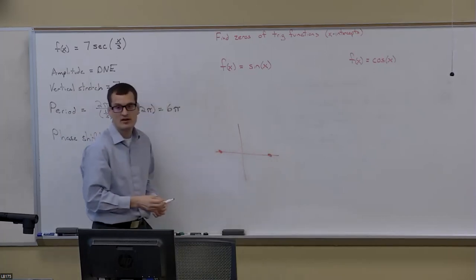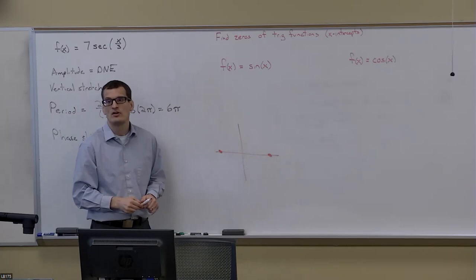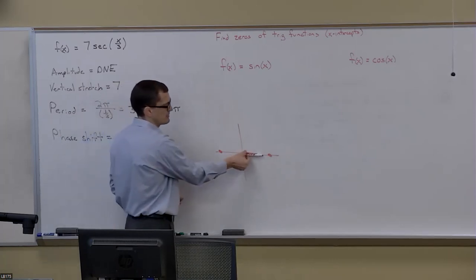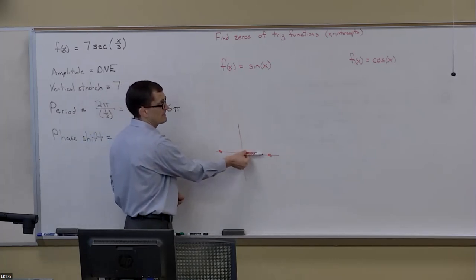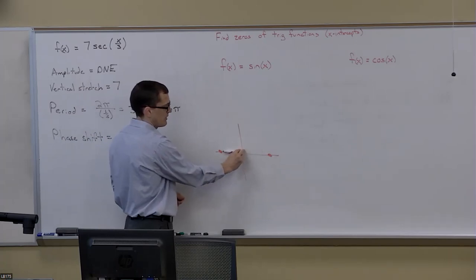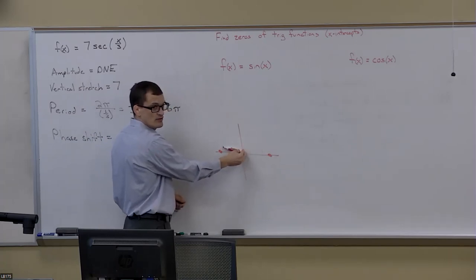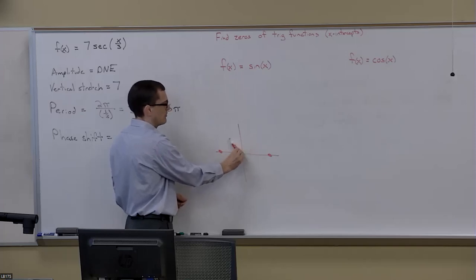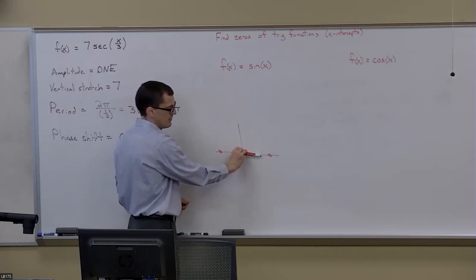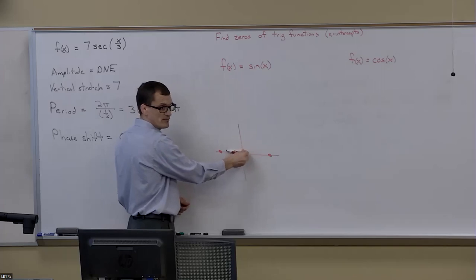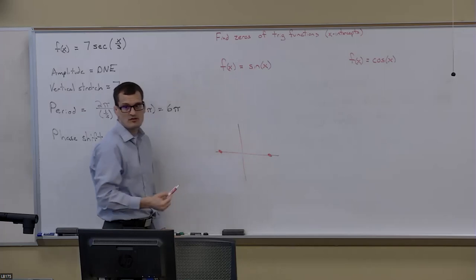Right? So as you travel around the unit circle, you have a 0 when x is pi, when x is 2 pi, when x is 3 pi, when x is 4 pi. And you could have also said when x is 0, when x is negative pi, when x is negative 2 pi, and so on and so forth.